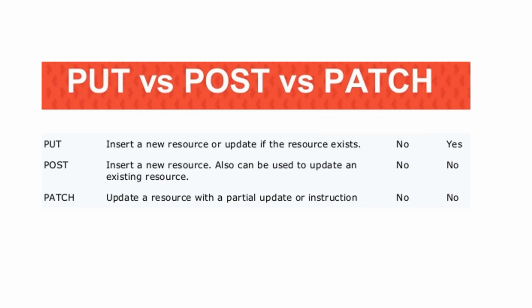POST means insert a new resource; it can also be used to update an existing resource. PATCH means update the resource with a partial update and instruction. So PATCH is like a partial update and instruction.